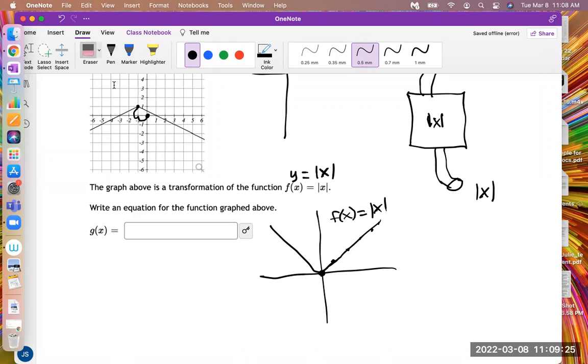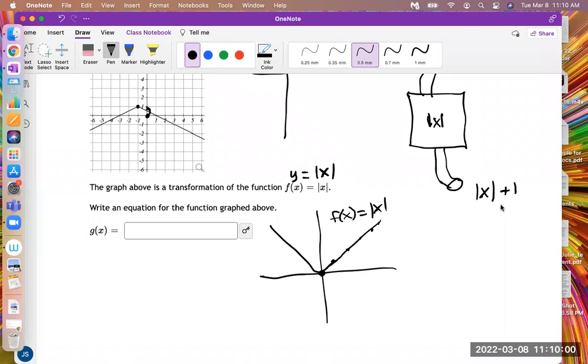So let's work on that individually. For it to be moved one place up, that's a vertical shift. For me to move this graph one place up, I have to take the outputs and add 1, which means after the function takes the absolute value, I then need to add 1.